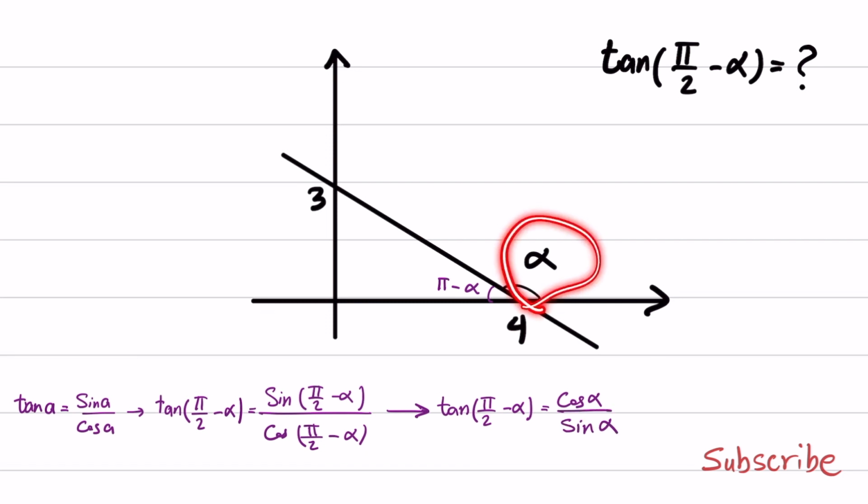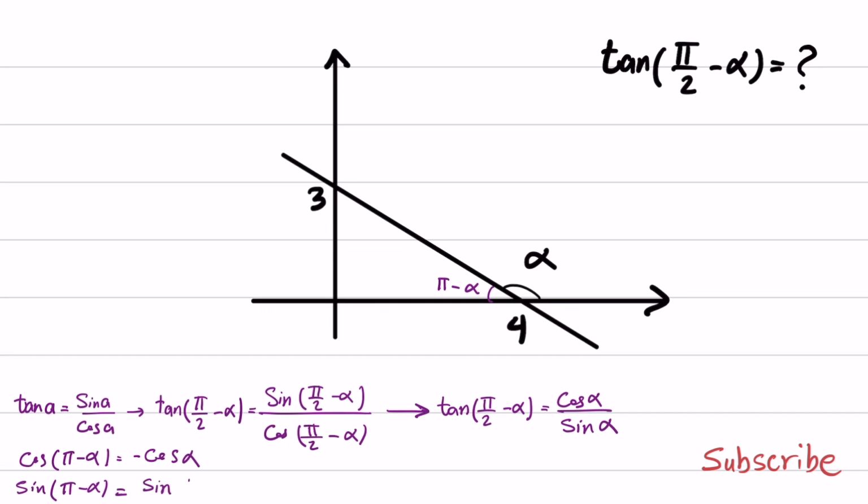We can't do anything for angle alpha, but we have a right triangle here for which we can apply trigonometric relations. One hint that we can use is that cosine of pi minus alpha is equal to minus cosine alpha, and sine of pi minus alpha is equal to sine alpha.